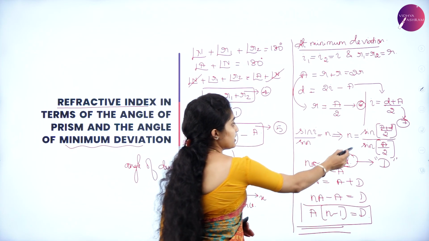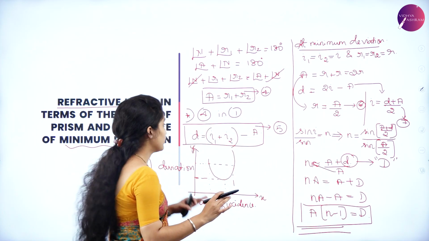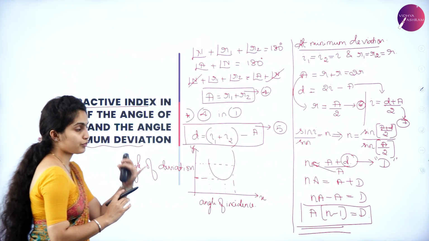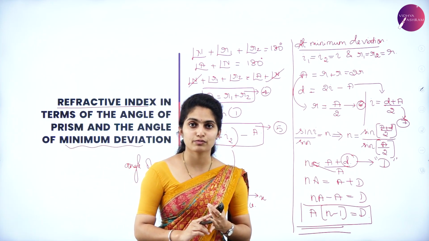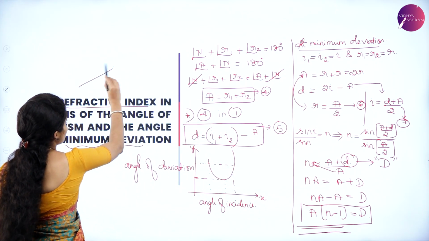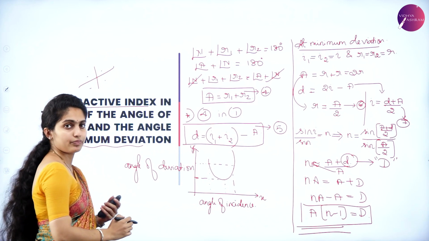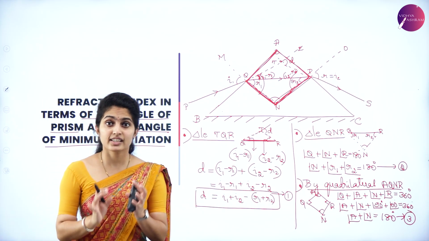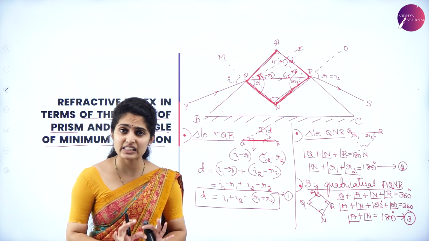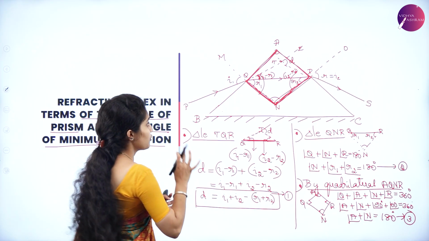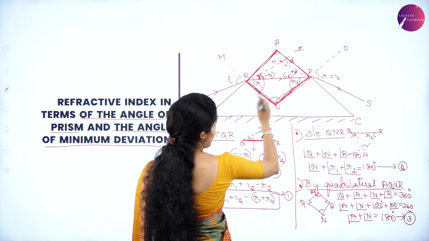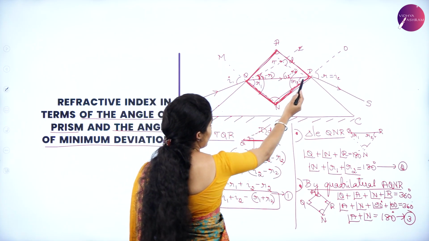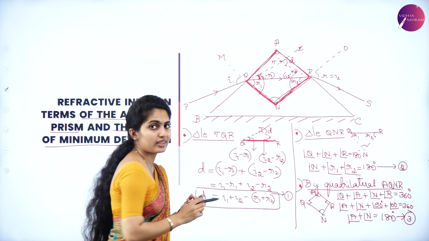Okay, so this is where you get the refractive index in terms of the angle of prism as well as the angle of minimum deviation. This is one of the most important derivations. It looks big, but it is a very easy concept if you understand. First you consider the triangle TQR, then the triangle QNR, then the quadrilateral.